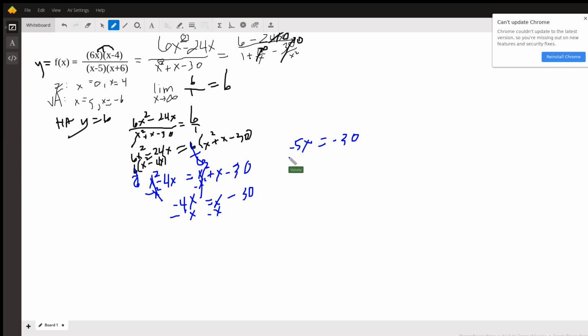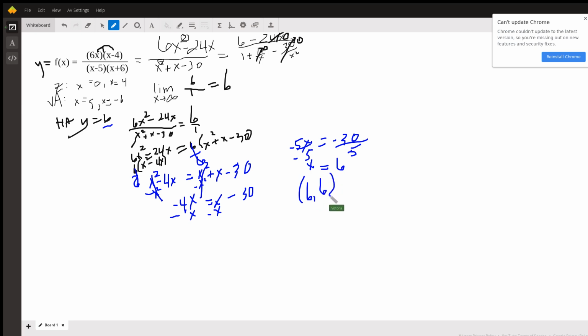And then I just divide both sides by minus 5. So the x value that makes the y value of this function 6 is x equals minus 30 over minus 5, which is 6. So the point where they meet is at 6, 6.